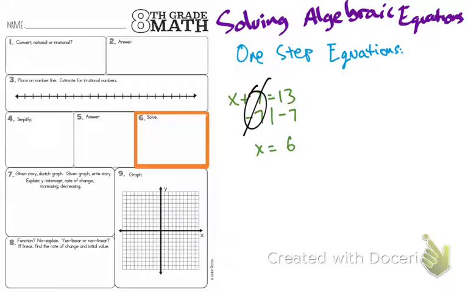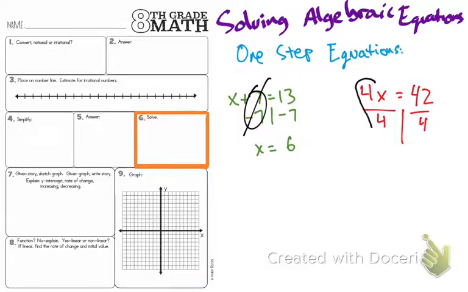Let's go ahead and take a look at another one-step example. Here we have 4x is equal to 42. Well, this is a one-step equation. There's only one operation in here, and that operation is multiplication. It's 4 times x is equal to 42, so I need to undo that, and we're going to undo that by using division. So I'm going to divide both sides by 4.